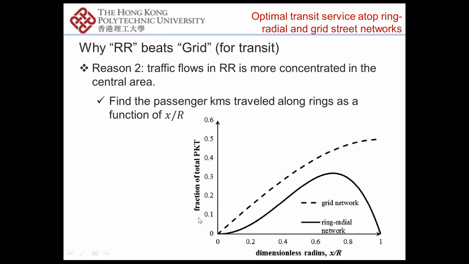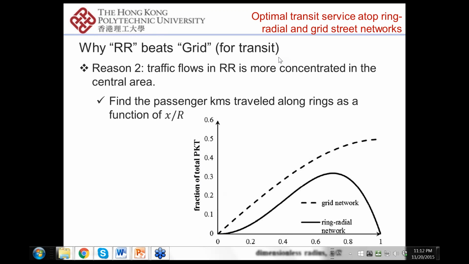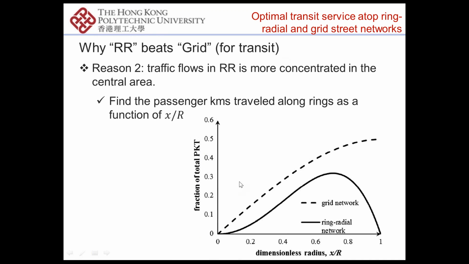So this is the fraction of the passenger kilometers traveled along a ring line located at the station at location X, out of the total passenger kilometers traveled. We find that the ring-radial network exhibits a strikingly different pattern from the grid network.